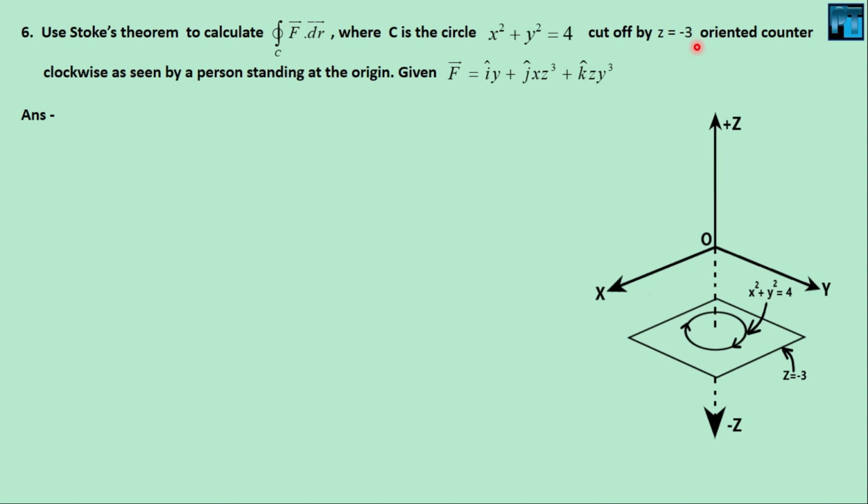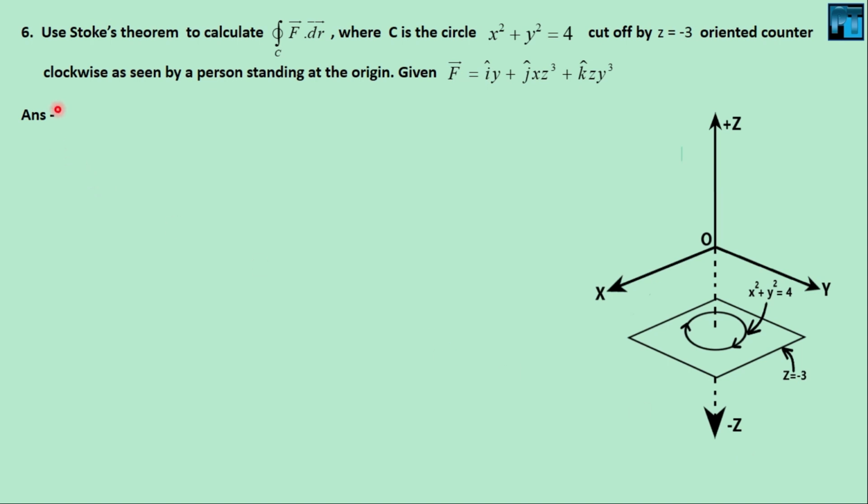See, this is quite a unique problem. Why? The z equals -3 case. So this is the first octant, z equals -3. Now z equal to -3 will have two directions, generally two, plus z and minus z.